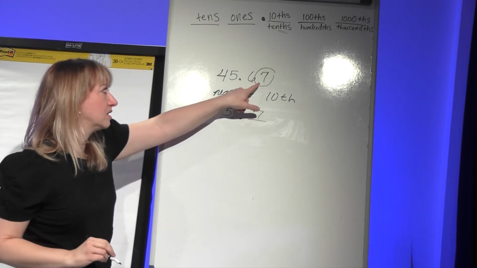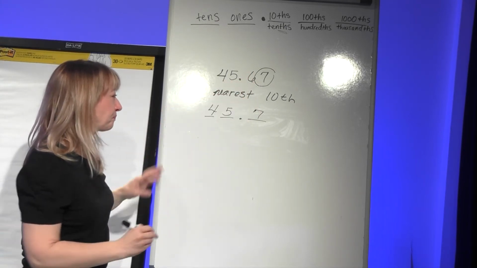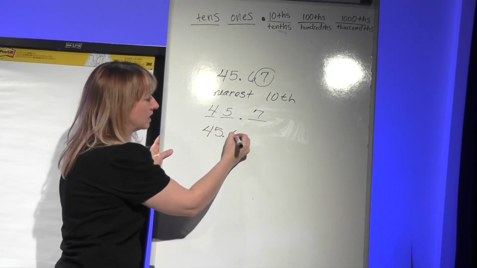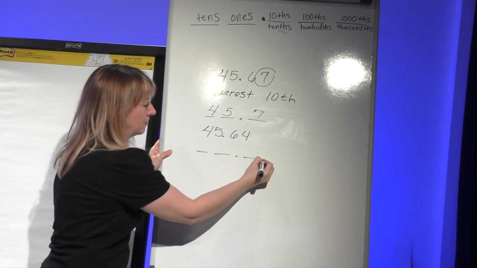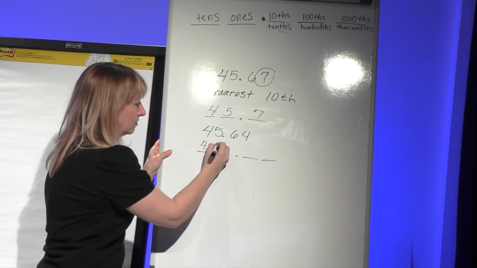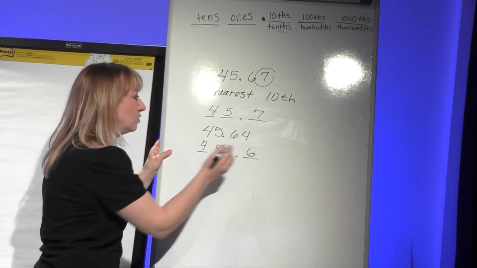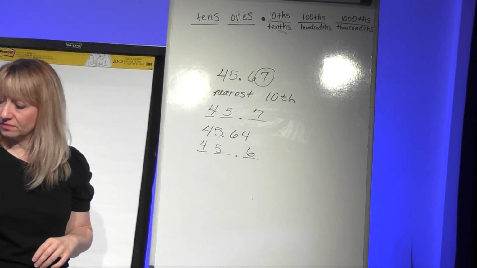So because this was 5 or higher, that 6 becomes a 7. If I have 45.64 and I'm rounding to the nearest tenth, now there's only a 4. This is going to stay 6. So that would be rounding to the nearest tenth.